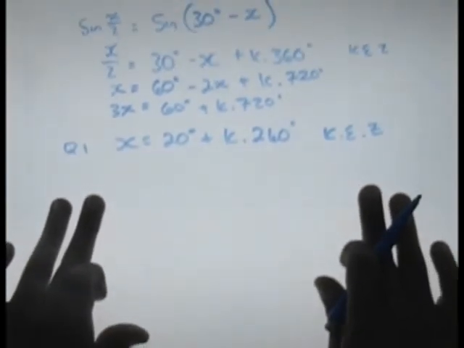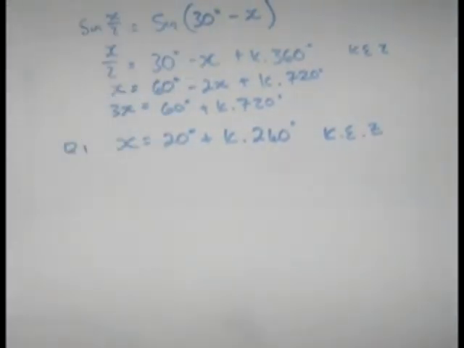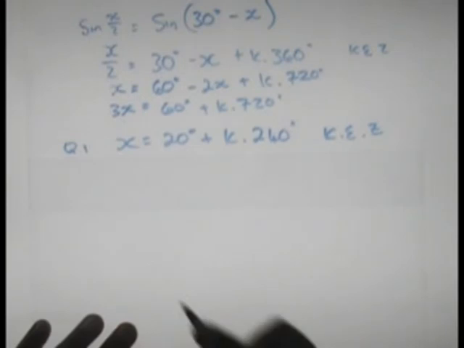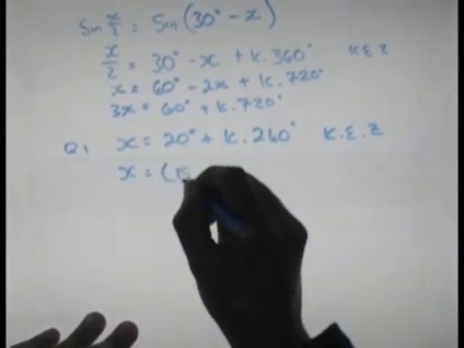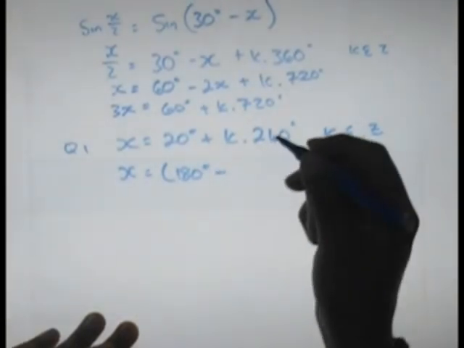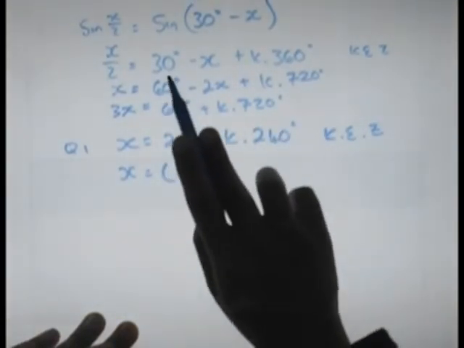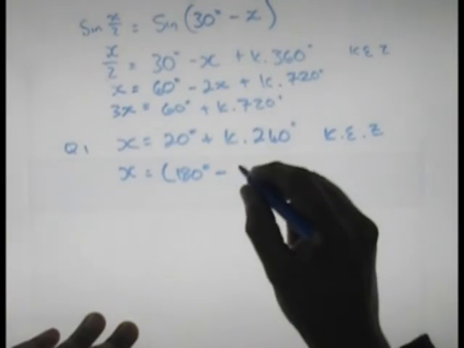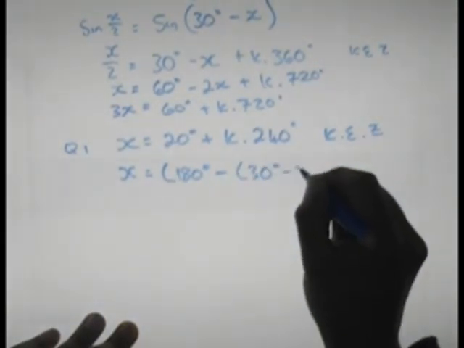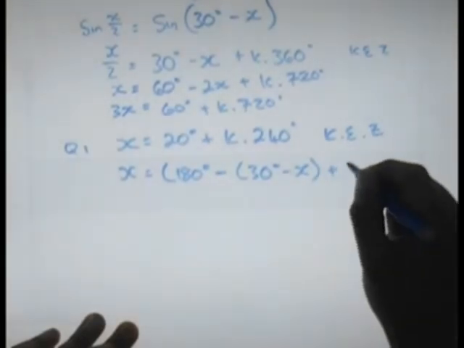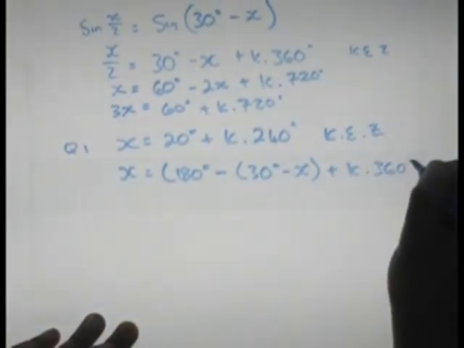If I look at the quadrant 2 solution, remember I said that the quadrant 2 solution is going to be when x is equal to 180 degrees minus that whole thing. So it's 180 degrees minus 30 degrees minus x plus k times 360 degrees.